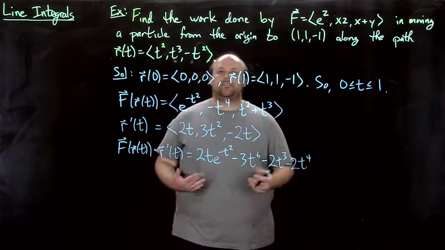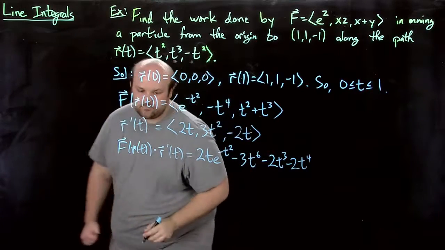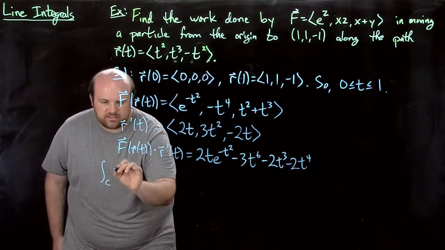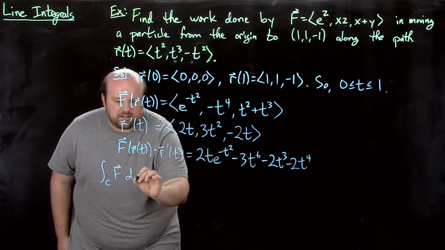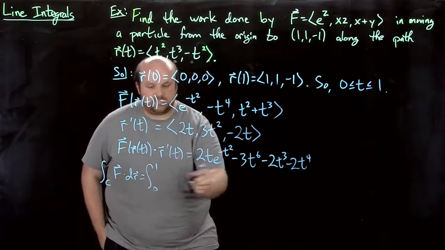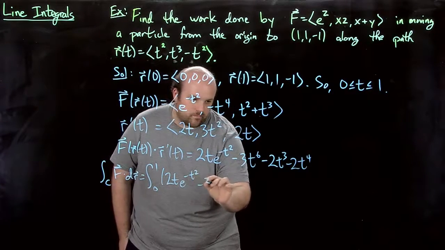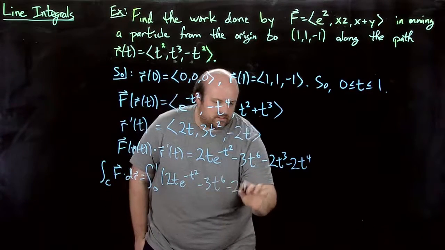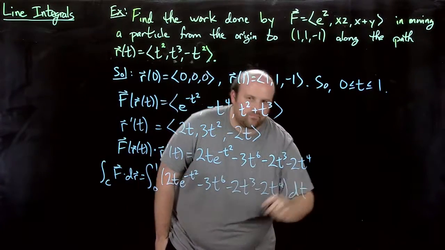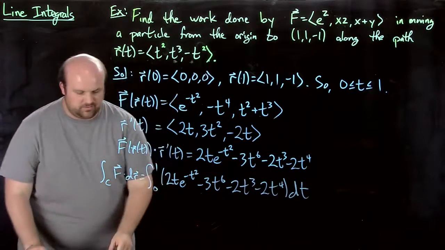And this is the thing we want to integrate from 0 to 1. So the integral along this curve of F dot dr is going to be the integral from 0 to 1 of this stuff. Now this marker seems to be running out, so we'll finish up in orange.